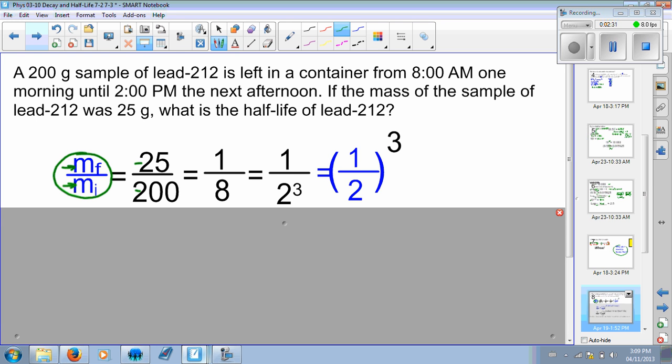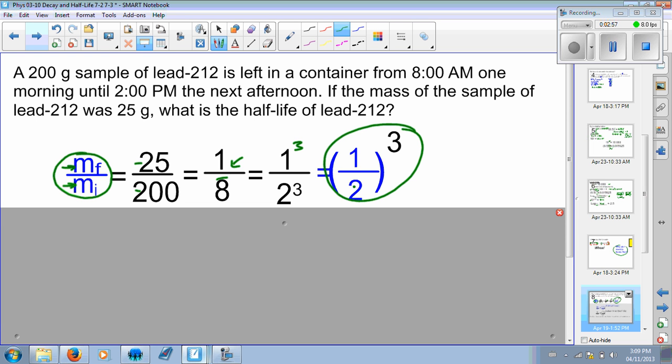If you reduce this fraction, dividing both numbers by 25, you get 1 over 8. 8 is 2 to the power of 3, so it's the same thing as saying 1 over 2 to the power of 3. That's the same thing as 1 to the power of 3 over 2 to the power of 3, which means we can write this as 1/2 to the power of 3. That tells us 1/2 times a half times a half.